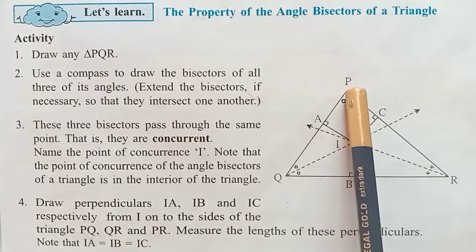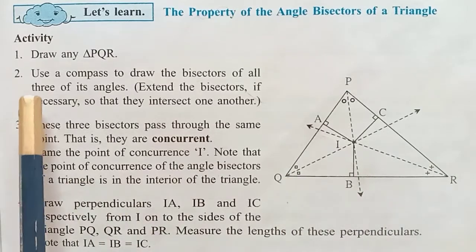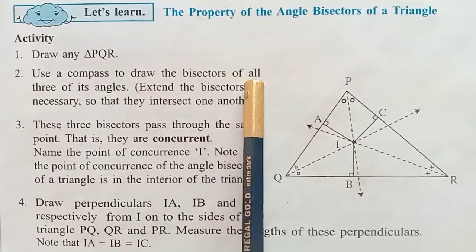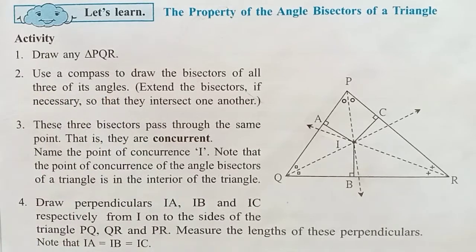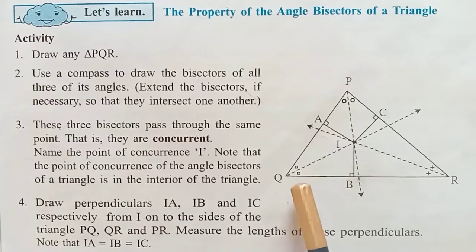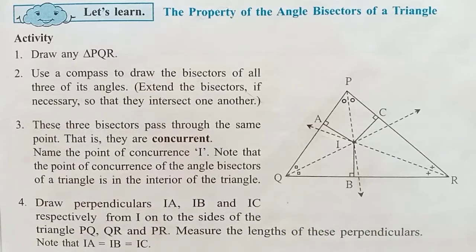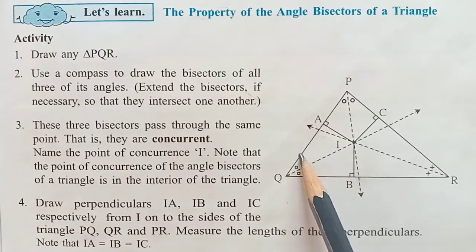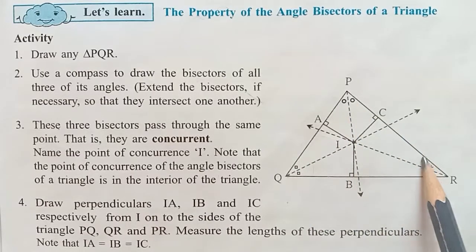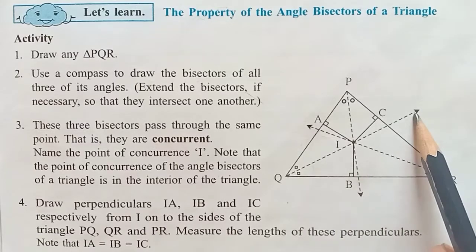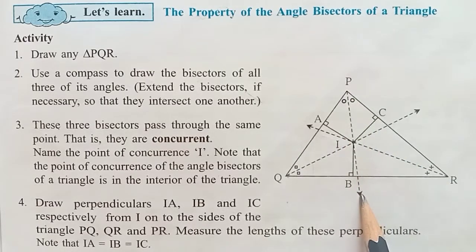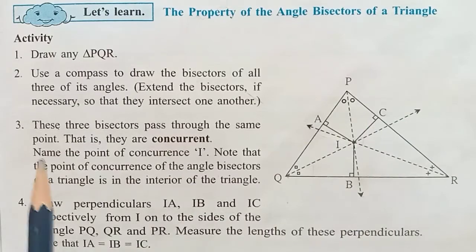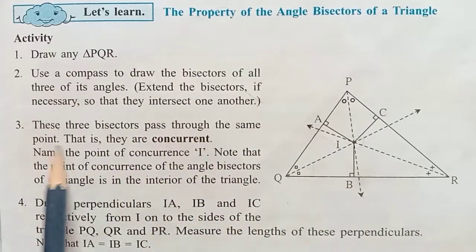Use a compass to draw the bisectors of all three of its angles. This is the bisector of angle Q, this is the bisector of angle R, and this is the bisector of angle P. These three bisectors pass through the same point.